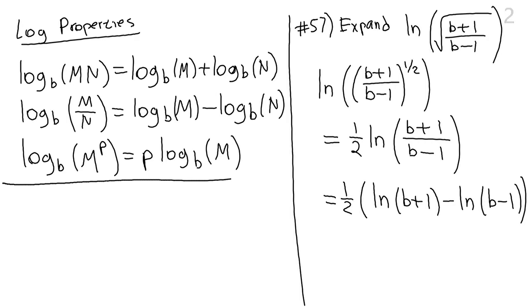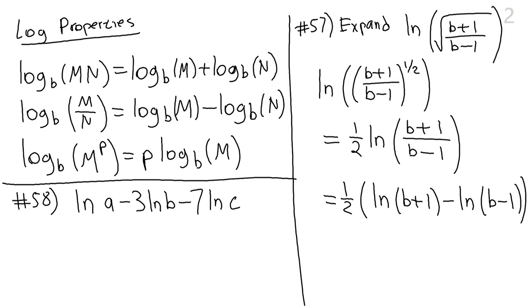Another application of these properties is we can be asked to rewrite an expanded logarithm expression as 1 log. So we can be asked to take something like this, natural log of a minus 3 natural log of b minus 7 natural log of c, and rewrite as a single logarithm.